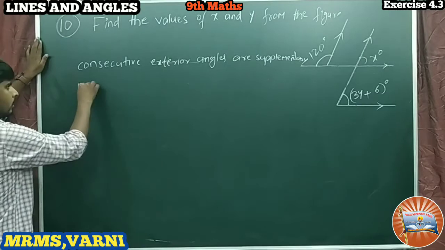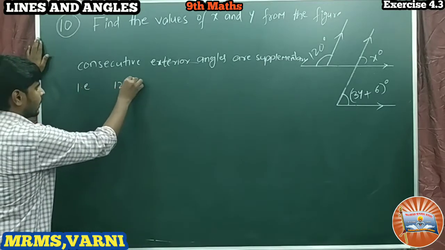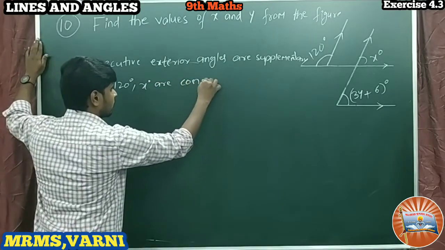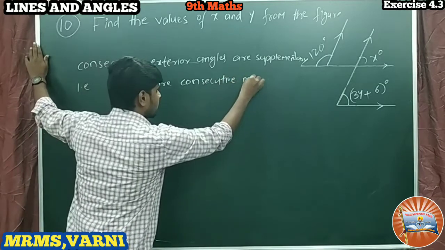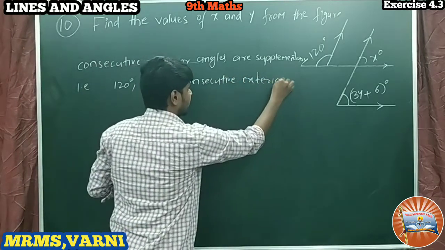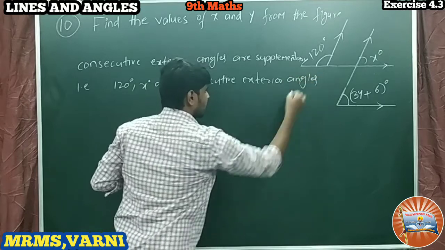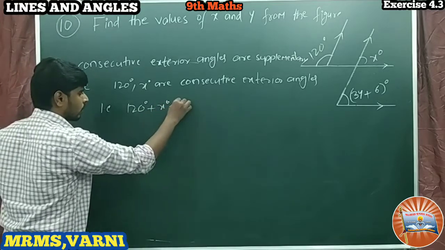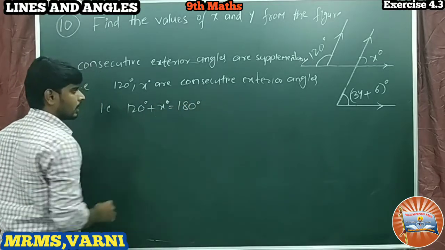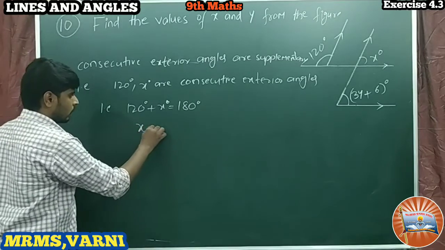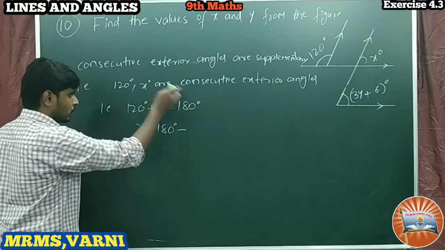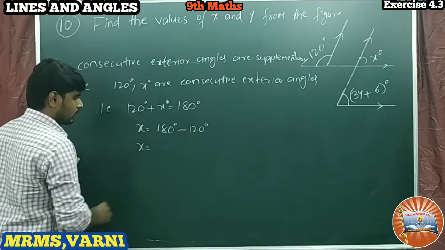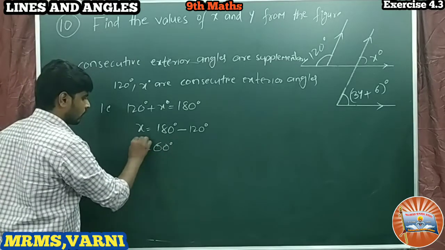That is nothing but 120 degrees, x degrees are consecutive exterior angles. So that is nothing but 120 degrees plus x degrees is equal to 180 degrees. Is it clear? Right. So x is equal to 180 degrees, transpose to the RHS side. So 120 goes to the RHS, it becomes minus. So x is equal to 60 degrees, we got.